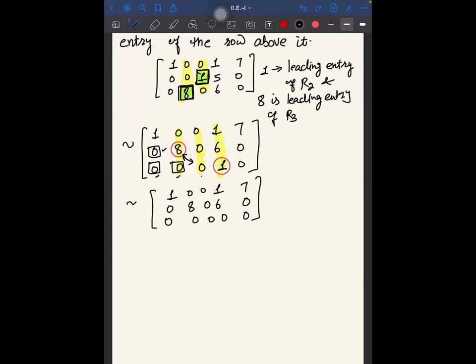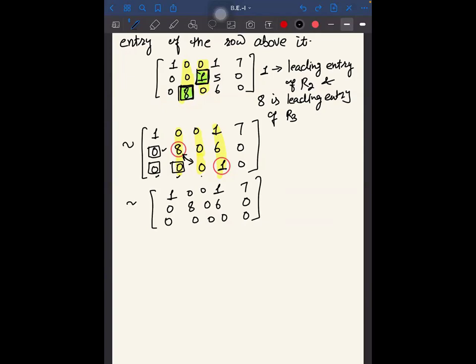So non-zero rows should be above the 0 rows. The only point is, if the leading entry is present over here, then it should be on the right side, if it is there.